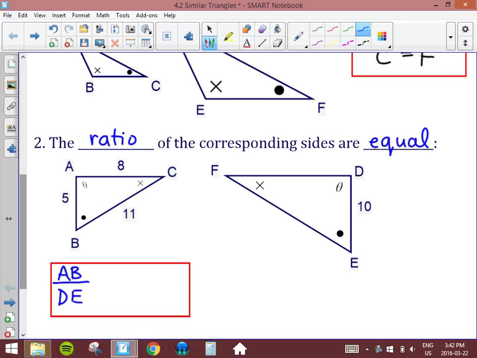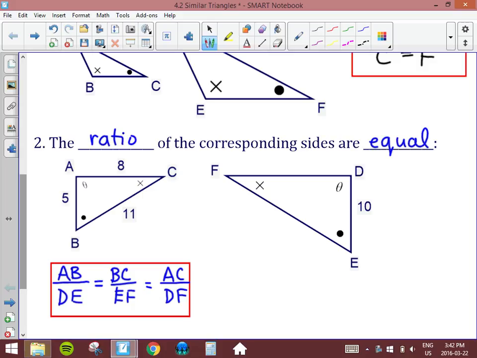Another ratio of sides would be the side BC, and it would match up with the side EF. And finally, the third pair of sides would be A to C, and it matches with D to F. If I were to fill in the numbers that I've been given in the question for each of these sides, I've got 6 sides there.